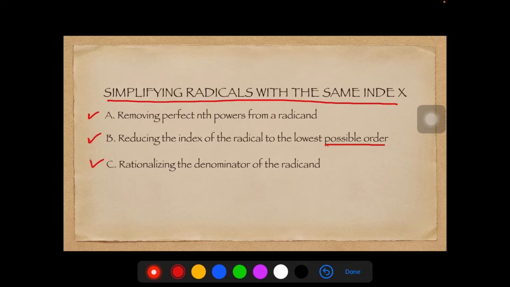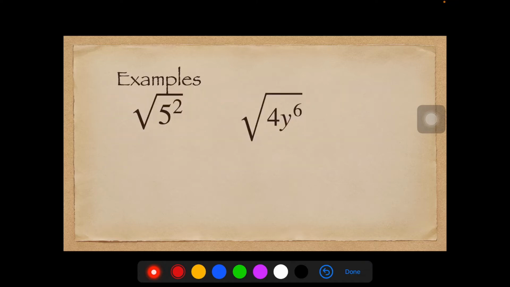So here we come up with the first one. This is removing perfect nth powers of the radicand. We take note of the nth power. For this particular example, this is a square root.